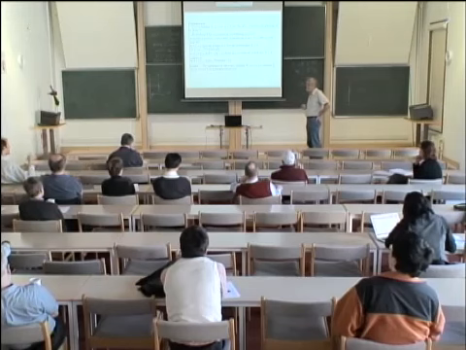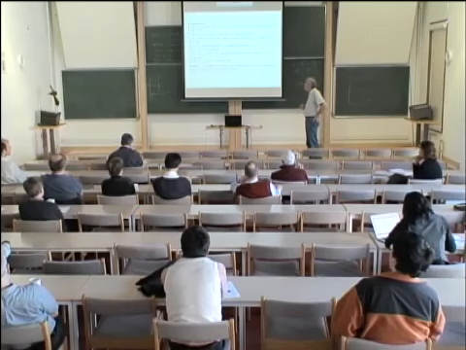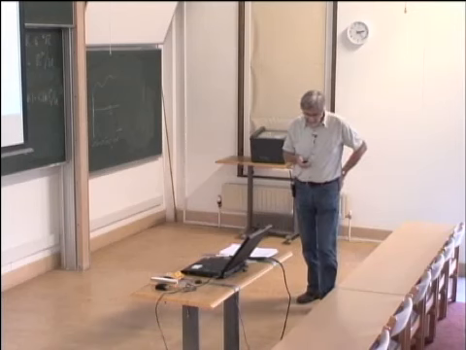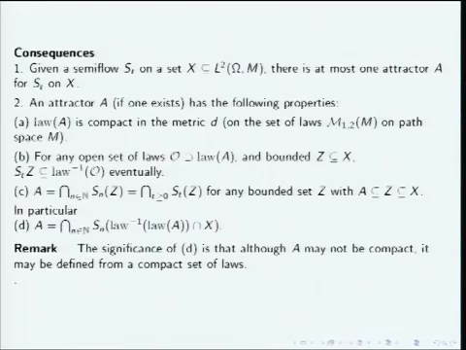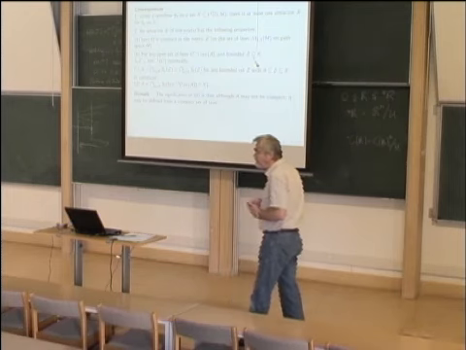Yeah. Once you have uniqueness, you can think in terms of random attractors. So you can think of things at the path level, really.